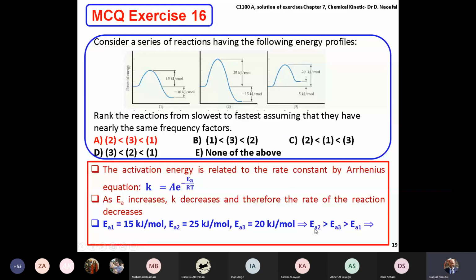So EA2 is greater than EA3, which is greater than EA1. The greater the activation energy, the lower the rate of the reaction. So R2 is less than R3, which is less than R1, or we can say that the first reaction is the fastest. So the answer is A.